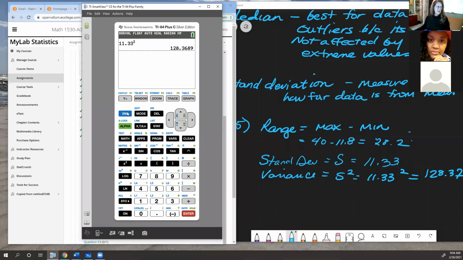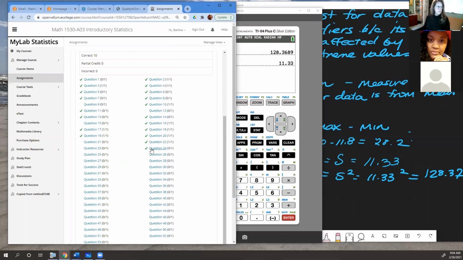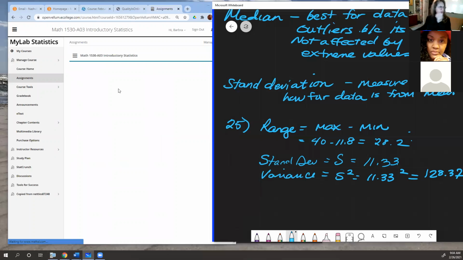If you took the square root of that answer, you should get right back to 11.33. So that's not a necessary step for that particular problem. We were on 25, right?